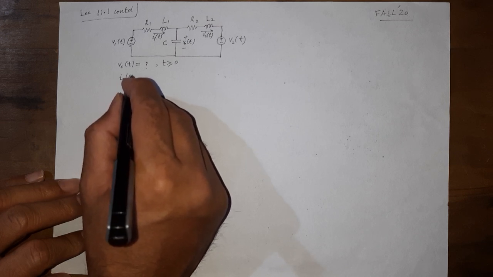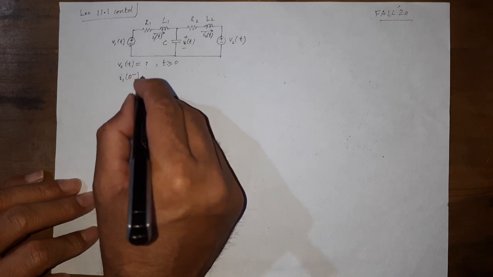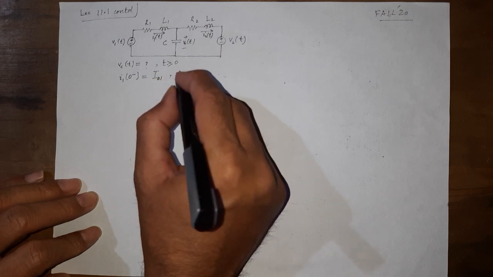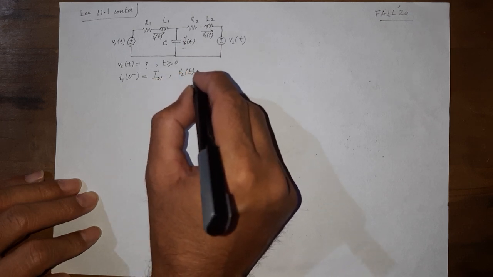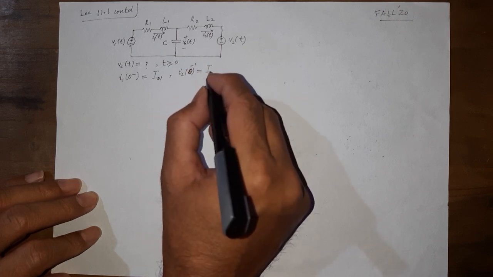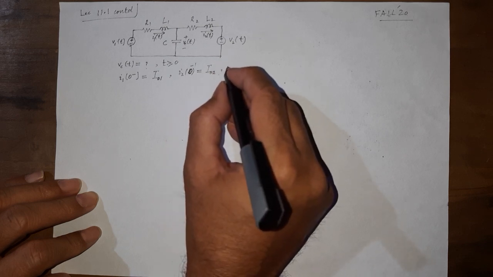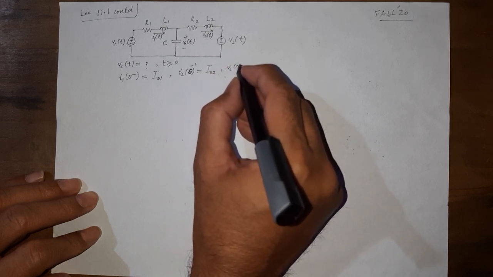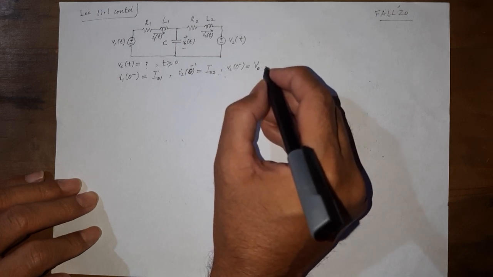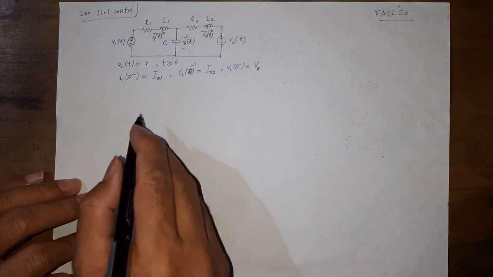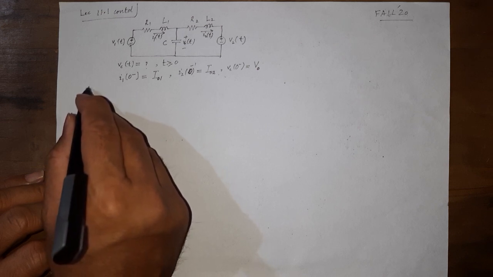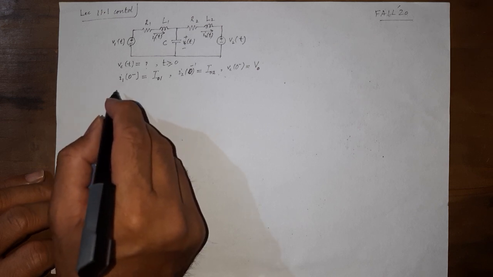I1 at 0 minus, just before our interest has started, say it is I naught 1, and I2(t) just before our interest started is say I naught 2, and VC, the voltage across the capacitor just before our interest started, is say V naught. So we take everything in now, remaining purely in the time domain. How are we going to solve this?